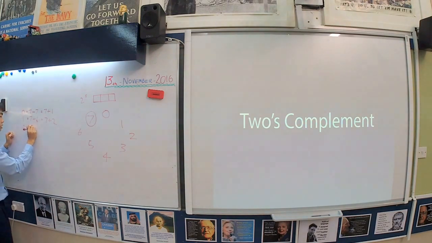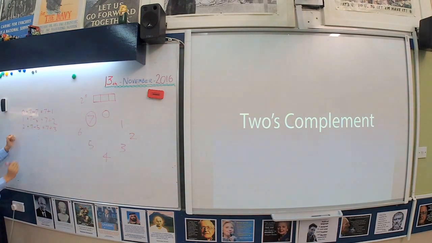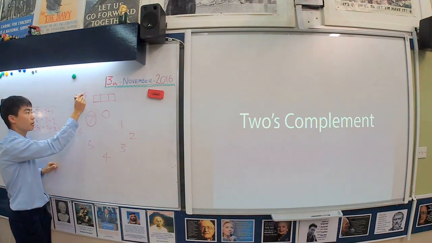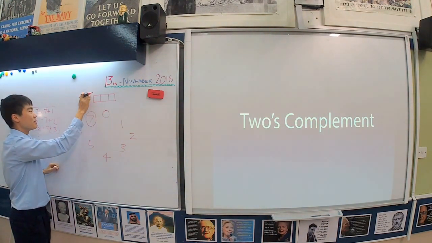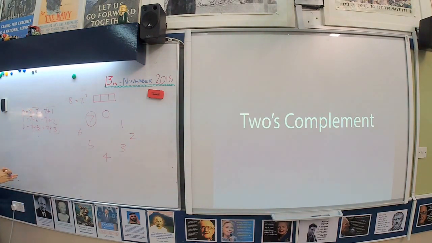And we can keep going. 2 is 7 minus 5, which is 7 plus 3. And we can keep going on and on. What you will notice with these numbers is a cool pattern, because we're using 3 bits with the maximum of 8 different combinations.